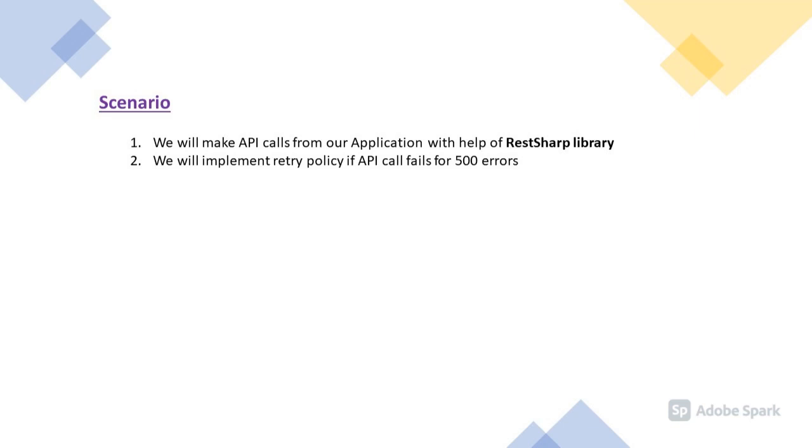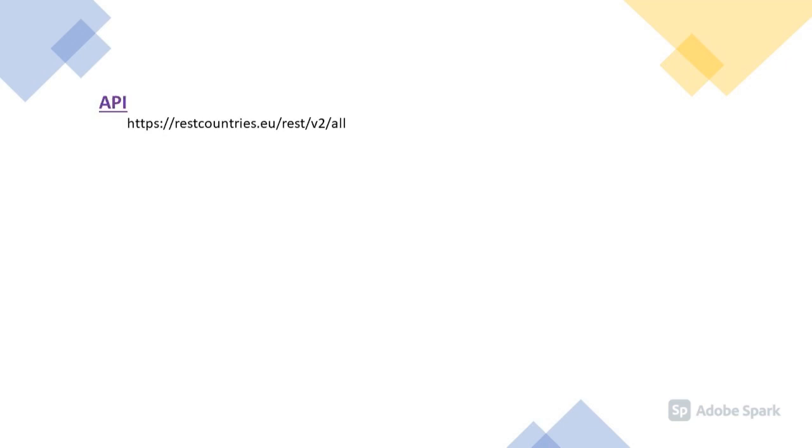Here is our scenario. From our application, we have to make API calls using the RestSharp library. In case of 500 errors, we have to implement a retry policy. For demonstration purposes, I have used this API. This API is a third-party open source API which will return all countries of the world.